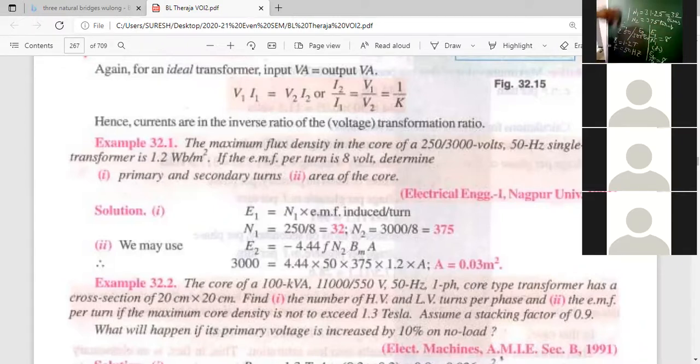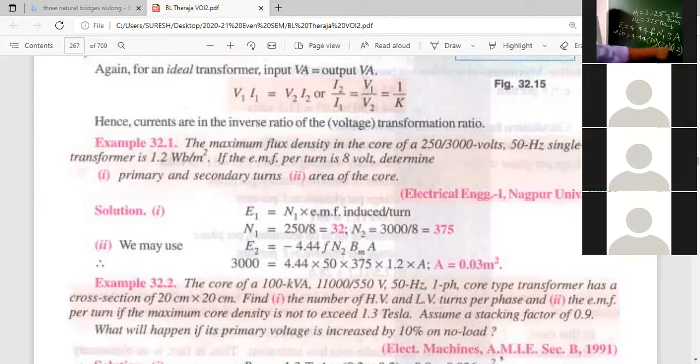Now I want to calculate the area. We know the formula for E1. E1 is equal to 4.44 F N1 B A. E1 is 250, that is equal to 4.44, frequency is 50, your N1 is 32, and B is 1.2 Weber per meter square.